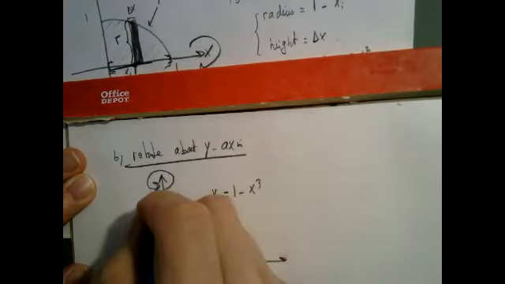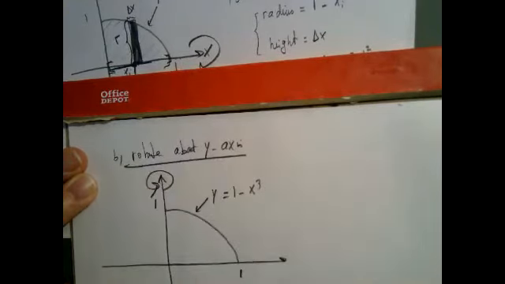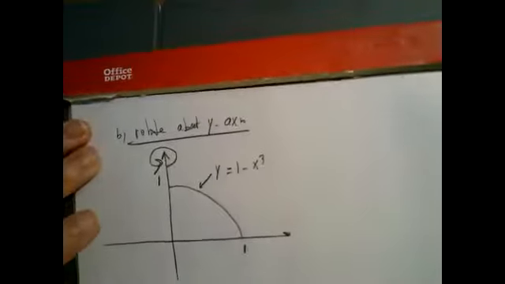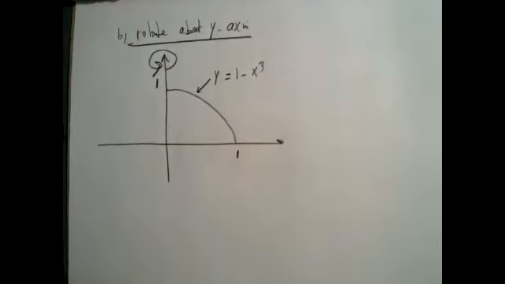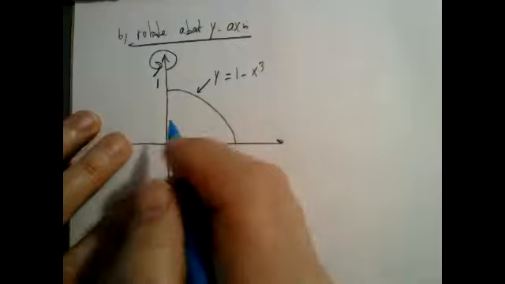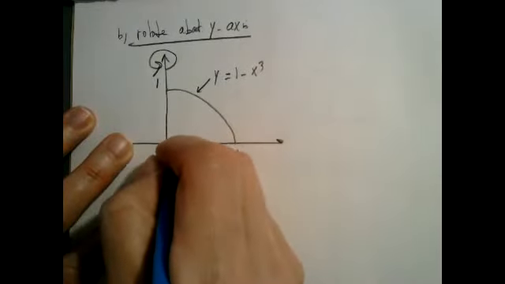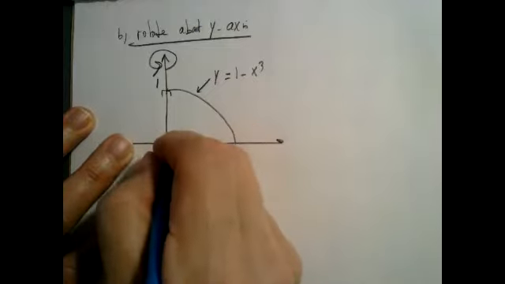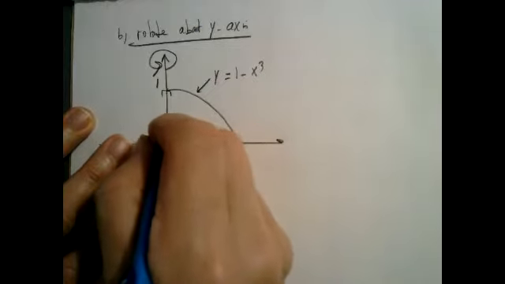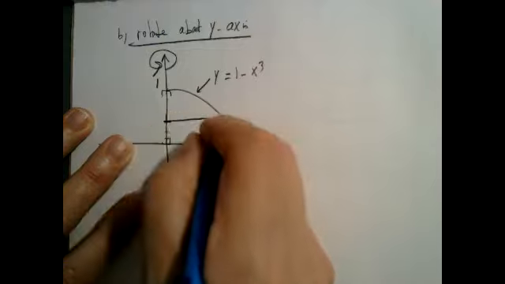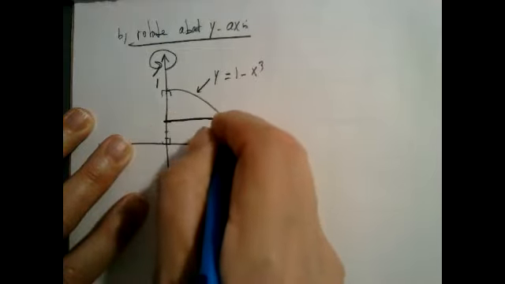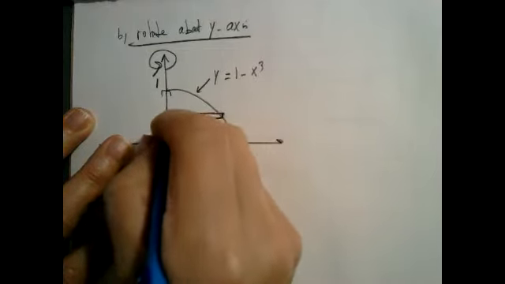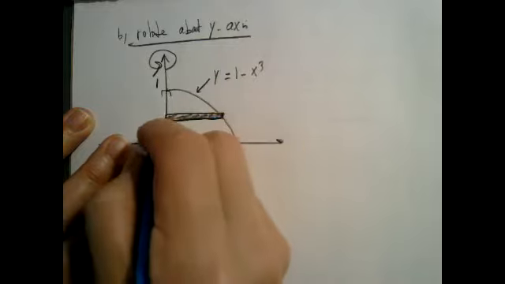That's the axis of rotation in this scenario. Now, since I'm rotating around the y-axis, I'm going to divide the interval along the y-axis into pieces. I'm going to take those horizontal slices. And this is my yi.